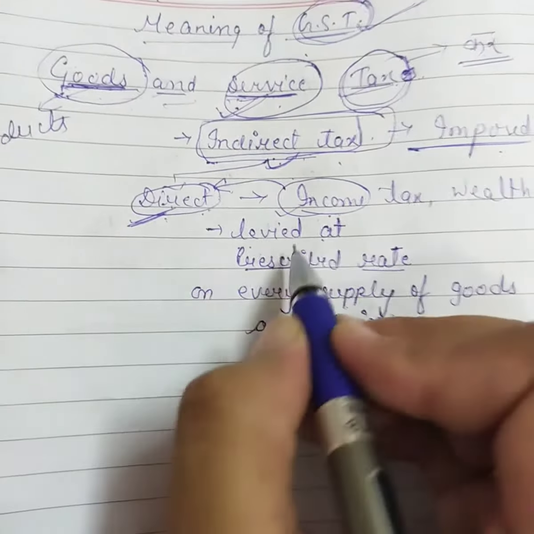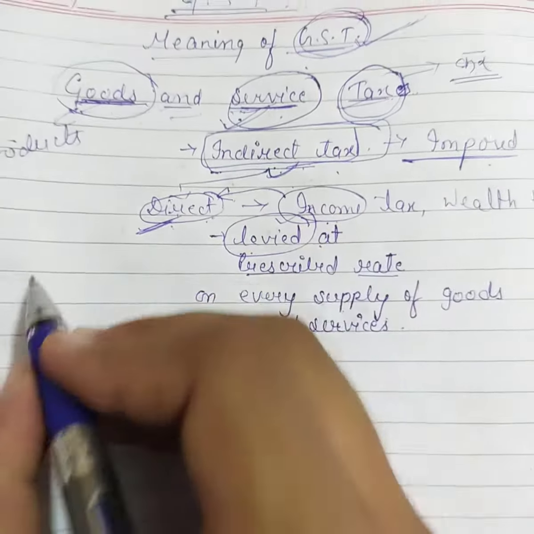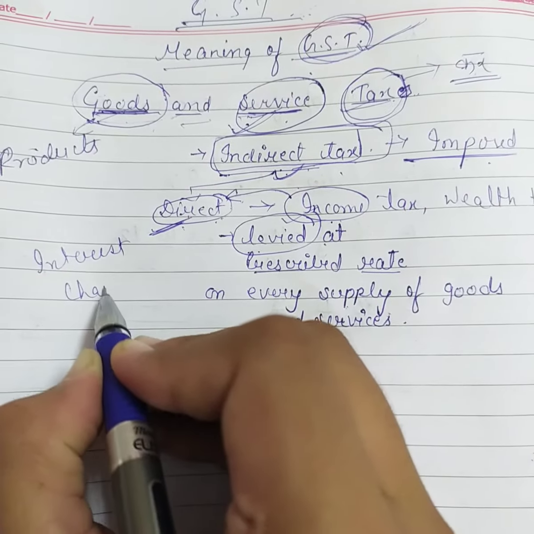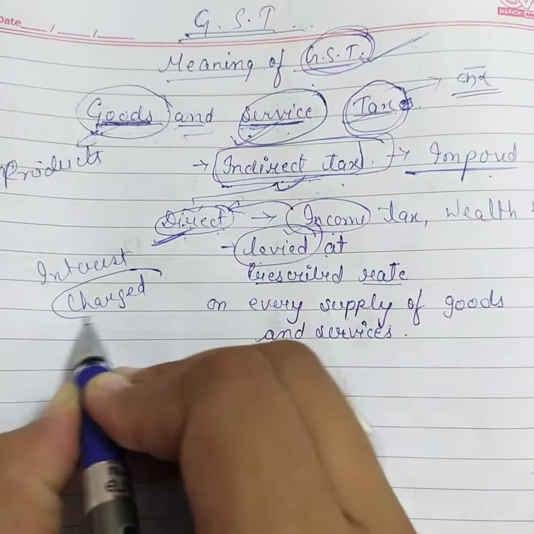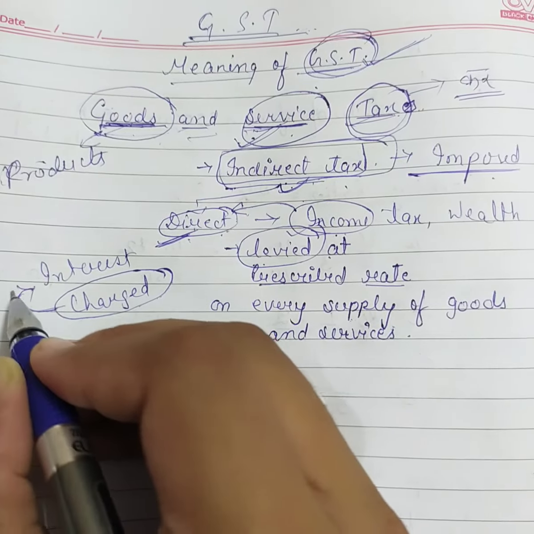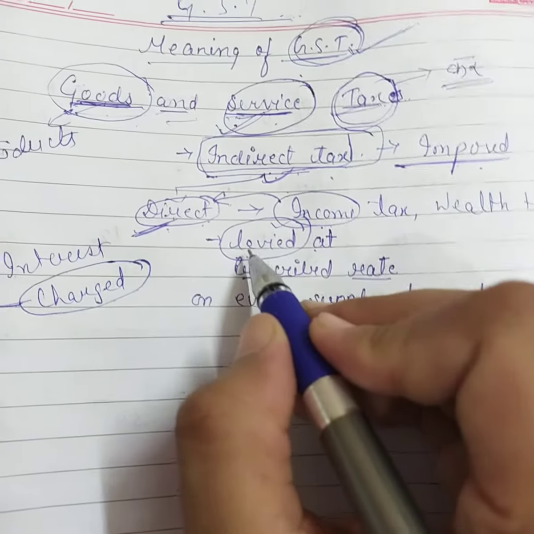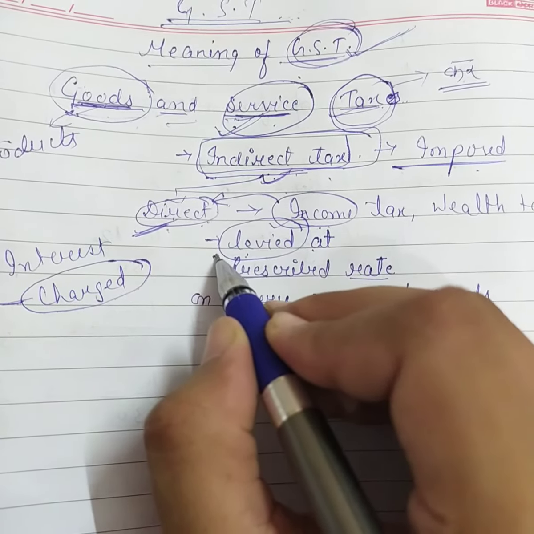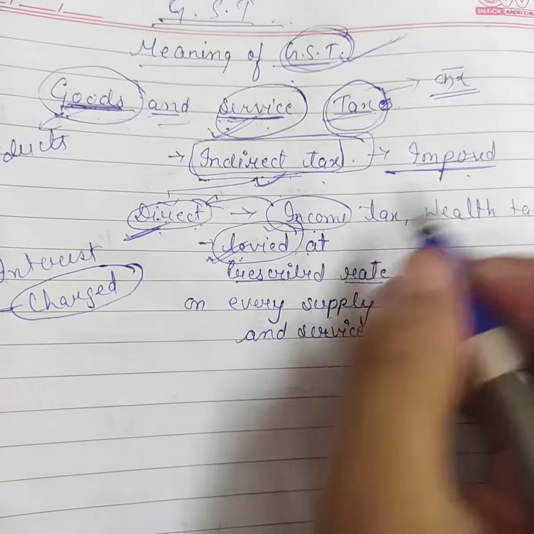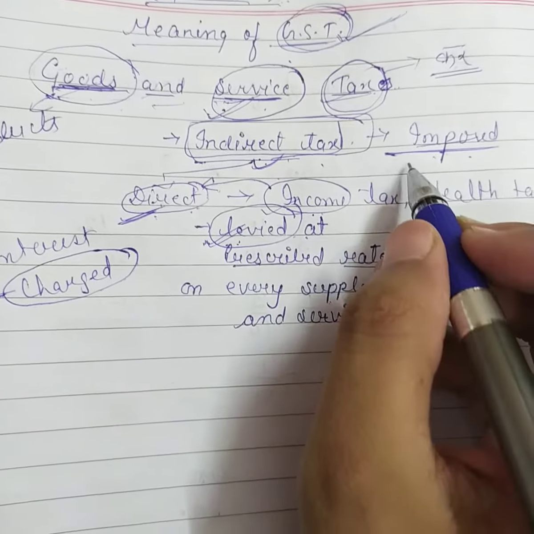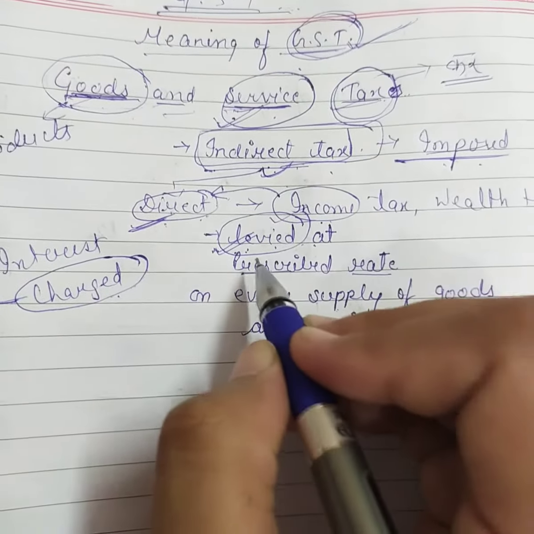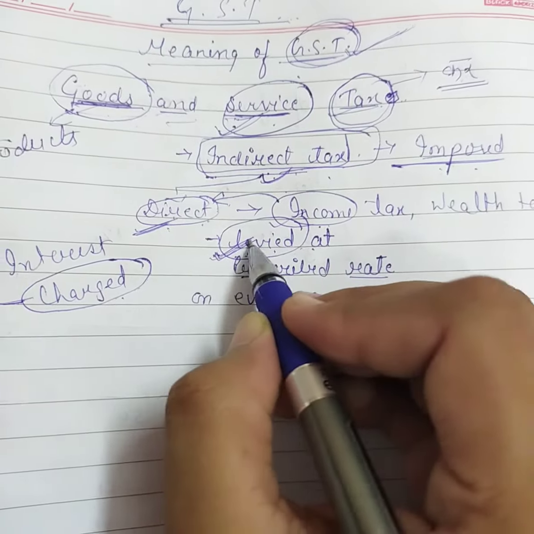Students, what is the meaning of levied? As we use that interest is charged. Okay, so the word charged is used for interest, that means interest लगाया गया, and here for tax the word used is levied or imposed. Okay, it means charged, levied or imposed mean the same, but for tax the word we use is levied.